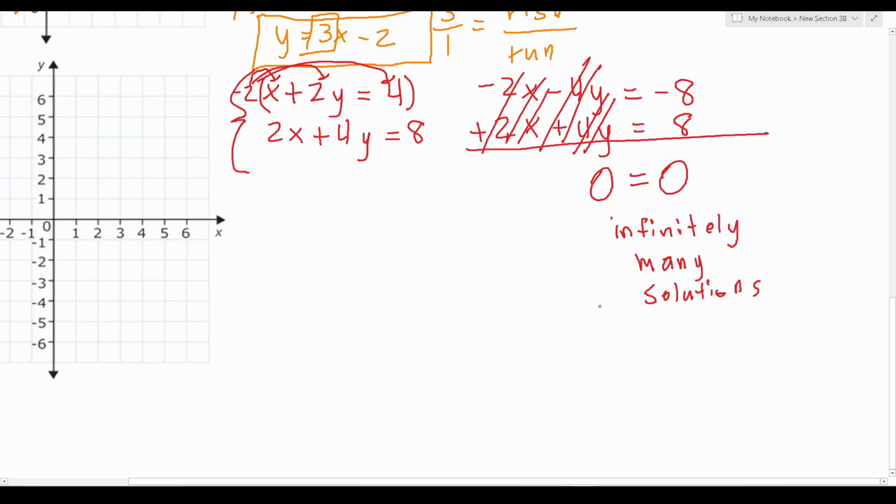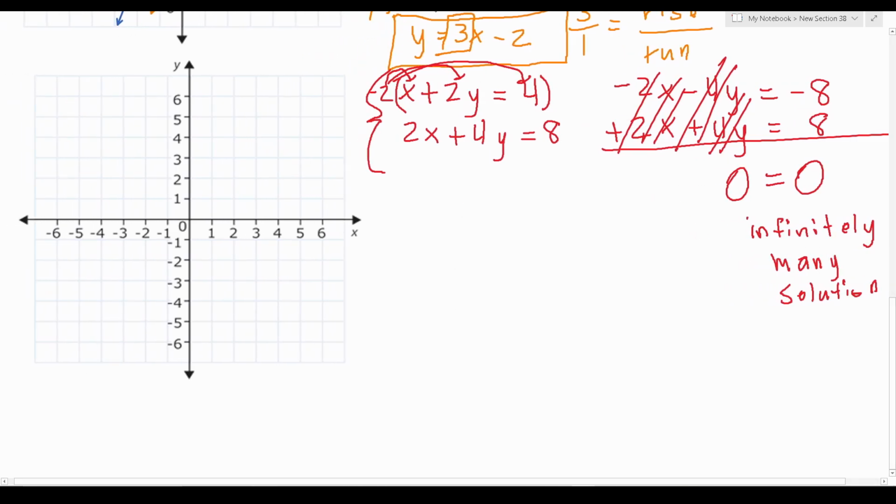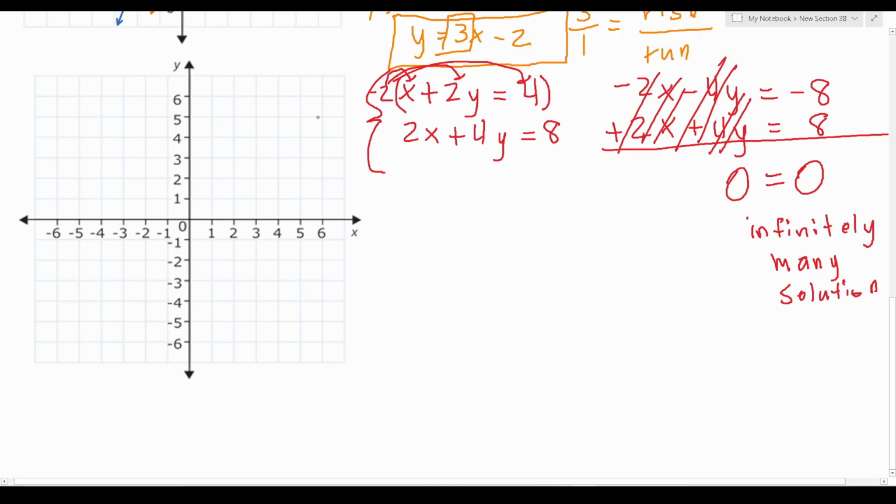Okay, and to illustrate that, let's go ahead and graph these two equations very quickly so you can see what's going on here. I'm going to graph these equations in different colors so it helps us distinguish them. This first equation was x plus 2y equals 4. Again, I want to get y by itself, so I'm going to subtract x from both sides to start.